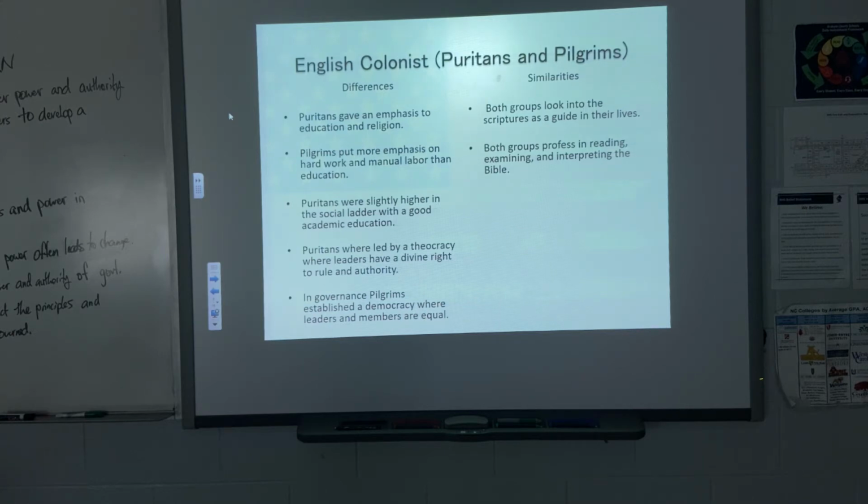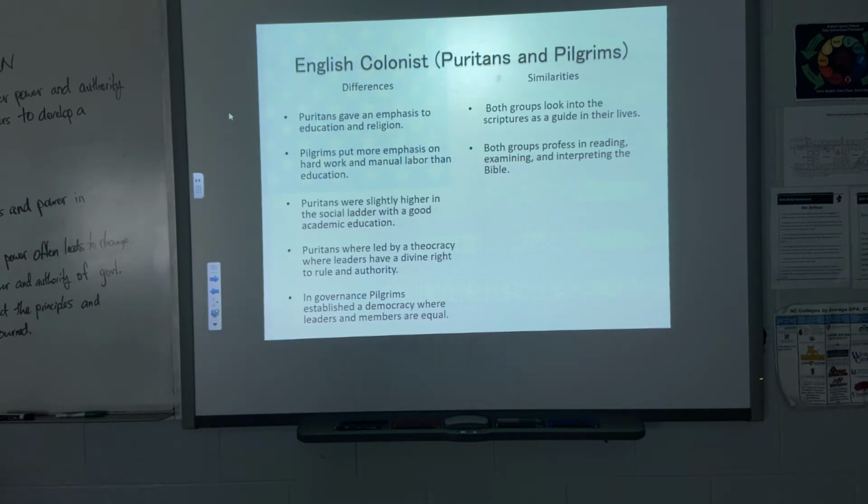Good examples of theocracies: Israel, Iran, many of these Middle Eastern countries who are driven by the Islamic faith are theocratic in form. Puritans were led by a theocracy. Again, remember, God was the divine ruler, and what his Bible said was the authority.